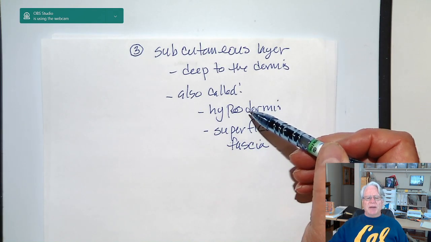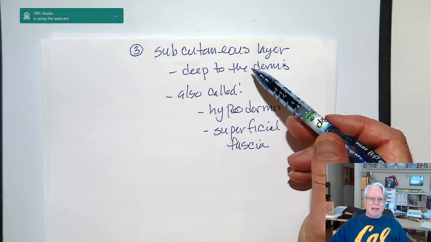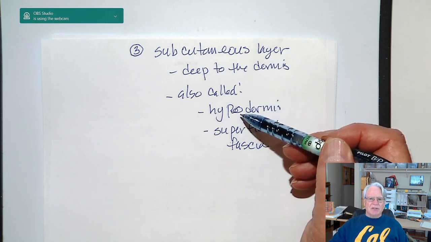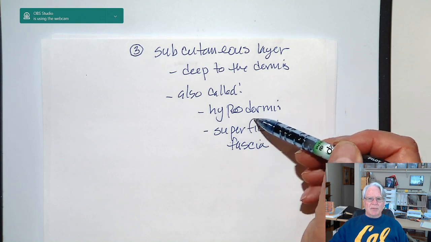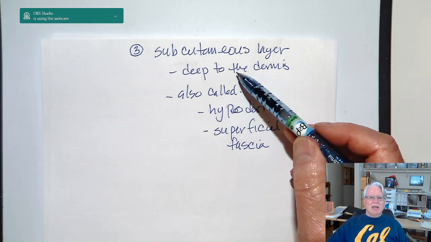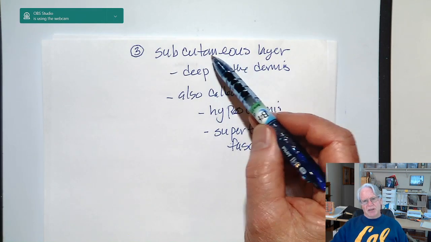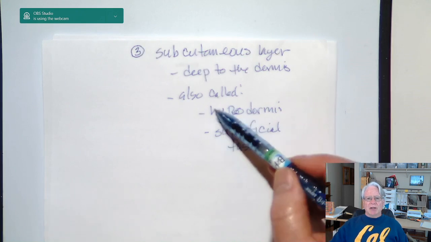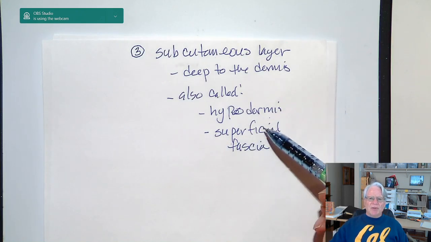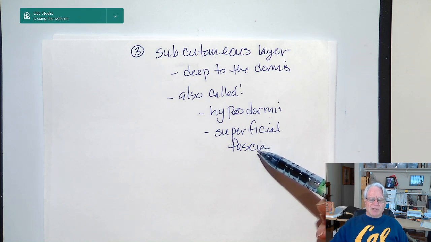Both of these terms, the hypodermis and the subcutaneous layer, are terms that are referencing the skin because, obviously, in this case, they actually mention the skin, the dermis, and this cutaneous also refers to the upper layer of the skin. So below the skin, below the dermis. Superficial fascia, on the other hand, is referencing the underlying muscle tissue.